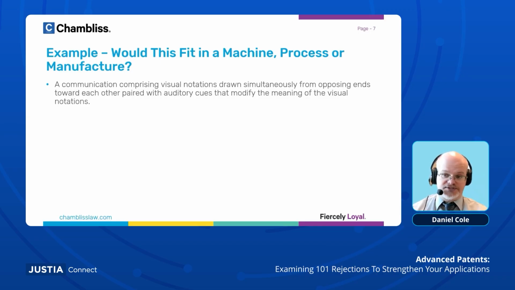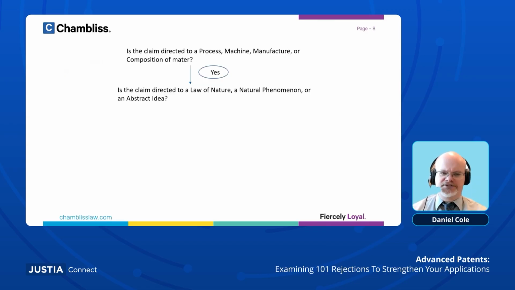Okay, if you tried to do it in some way where it wasn't a process, this is not going to be a machine. There is not really a new state of matter here. There's not really something that you're manufacturing. So you can't really get away with this in any other way, but I would think making this a process. So we talked about whether the claim is directed to a process, machine, manufacturer, or composition of matter.